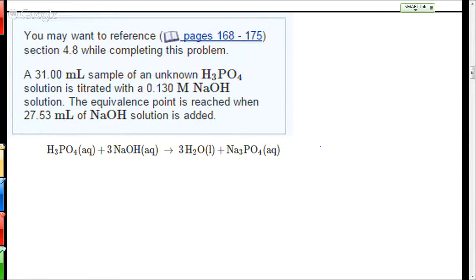So you've got 31 milliliters of the unknown concentration, so that's what you're trying to find out. And then you've got 27.53 milliliters of 0.13 molar sodium hydroxide. So you go through and do this the same way as that example problem we just did. You just solve for concentration instead of volume. So let's see what that looks like.